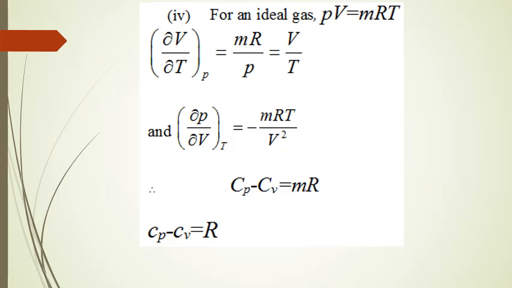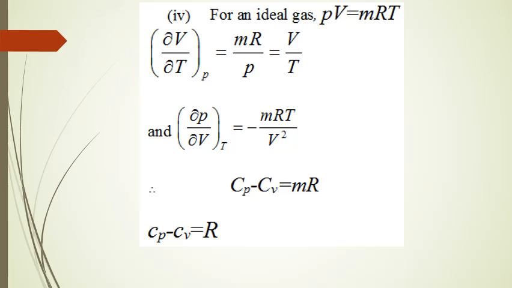By substituting these two values in the expression, we will get Cp minus Cv is equal to MR. So for unit mass, Cp minus Cv is equal to R, which is an important relation that we have been using since our school times.